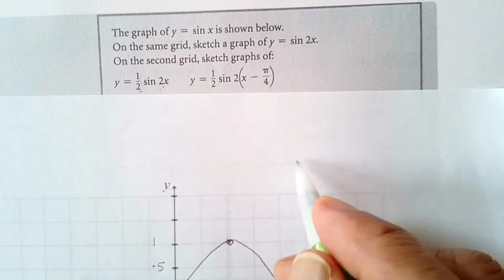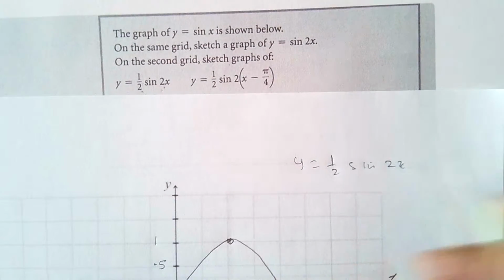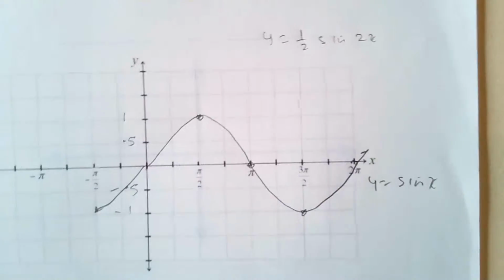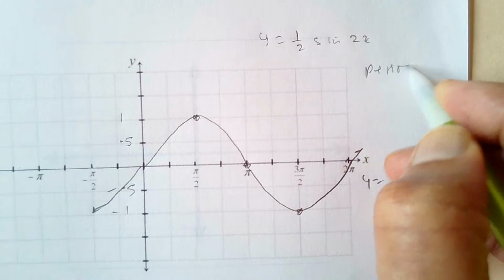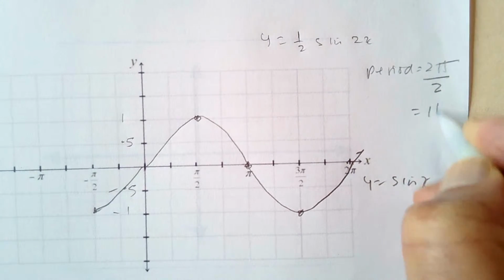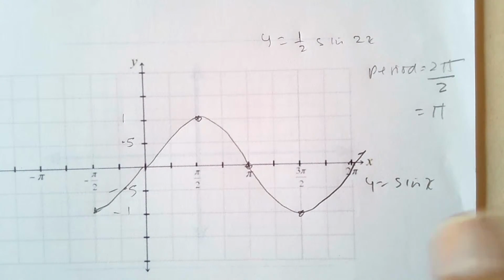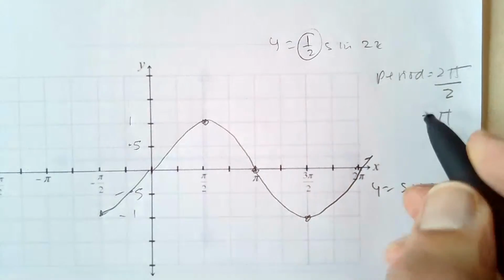We have y is equal to half sine 2x. So we established that the period is equal to 2 pi over 2, which is equal to pi. So now the amplitude is a half.